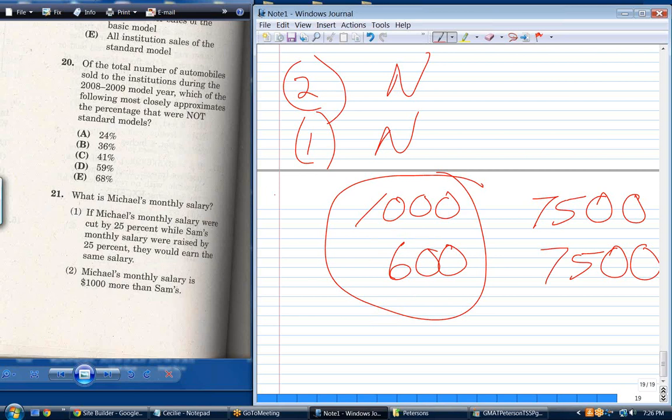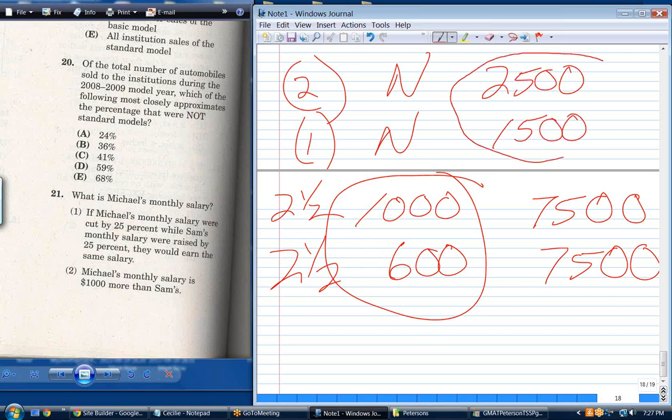So I need to multiply this by 2.5 and this by 2.5. So Michael's salary must be $2,500 and Sam's salary must be $1,500. That's the only two sets of numbers where 75% of this number is equal to 125% of this number. But the answer would still be C because you need both of them to figure it out, but you can do it with both.